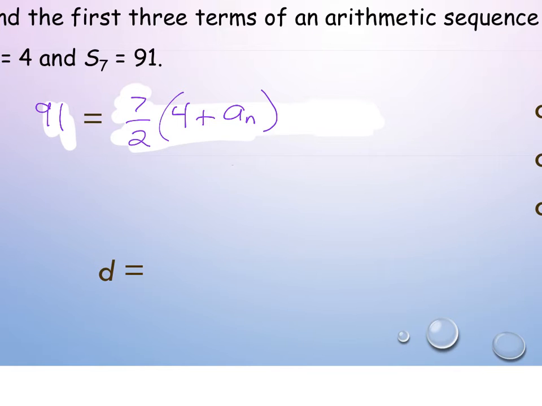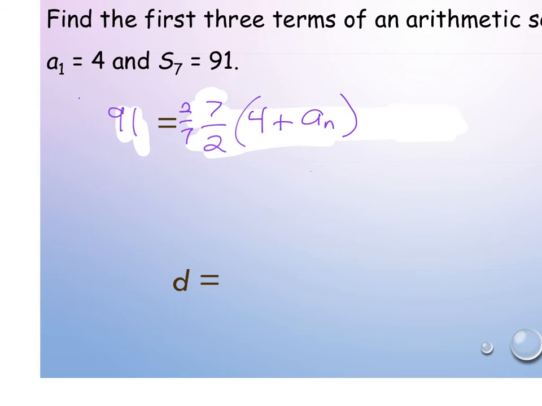Okay, I multiply both sides by 2 over 7. When I multiply the 91 by 2 over 7, 91 divided by 7 is 13. So I get 2 times 13, which is 26. These all cross out. Now I have 4 plus A sub n. I subtract the 4.